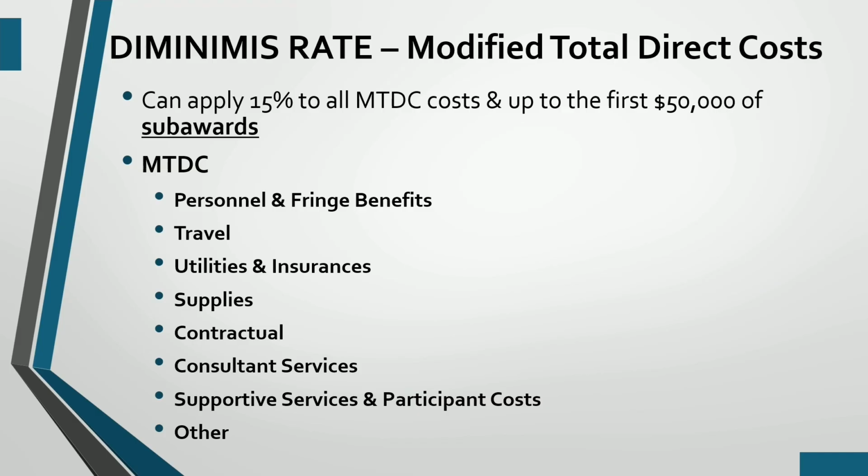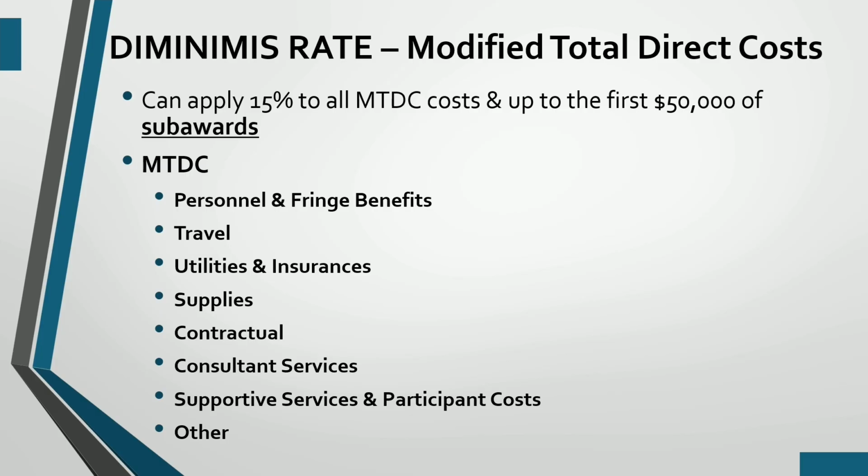De minimis rate. And we have a mistake here on this one, I think. Let me just see something. Hold on. Yeah, it's this one. Okay. Modified. So de minimis rate, you get 15% on your modified total direct costs, right? And you get 15% up to the first $50,000 of your sub-awards.